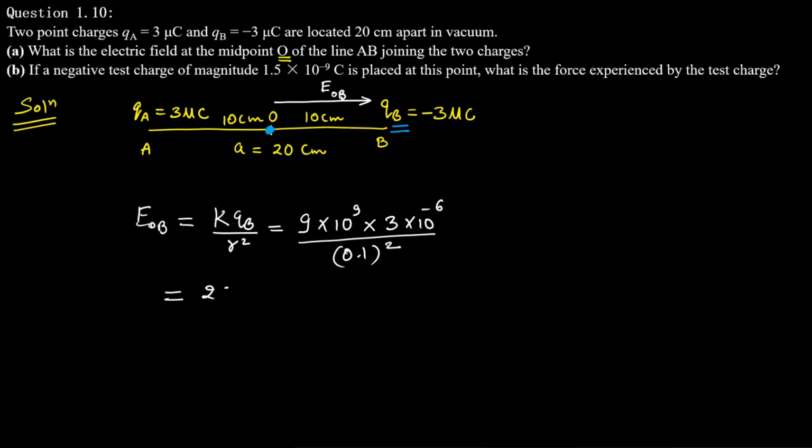So that will give us 27, then 10 raised to 9 minus 6, 3, and this 0.1 means 10 raised to 2. So it will be 2.7 into 10 raised to 6 Newton per coulomb. I hope it is clear.